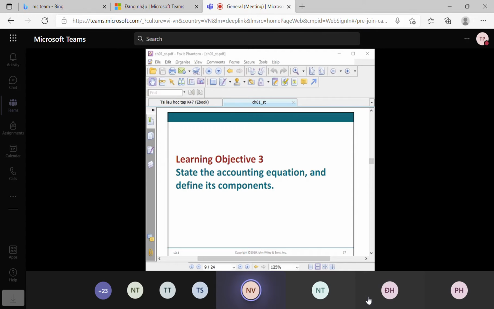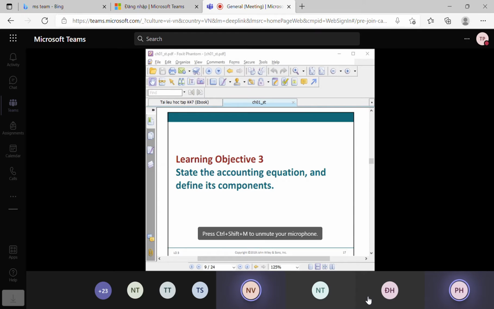Standard means the basic principle, the basic guidance for accountants to deal with the real cases of their company. For example, if you want to make a cake, you have to prepare 1 cup of flour, 2 small cups of sugar.